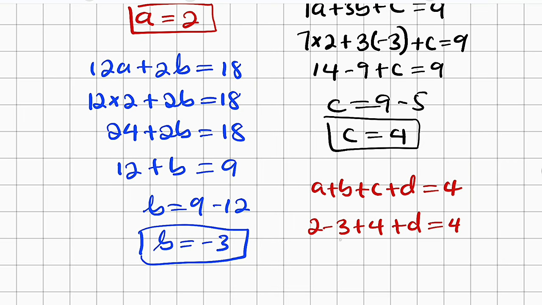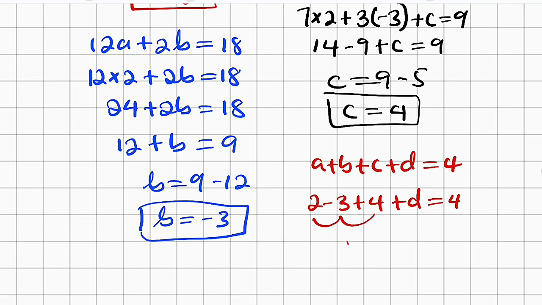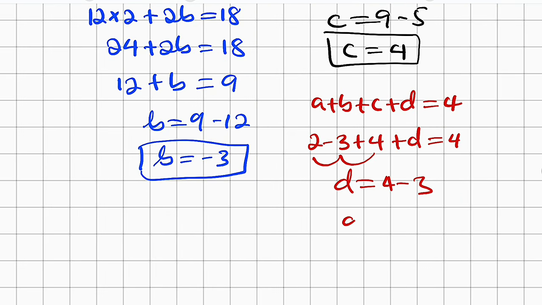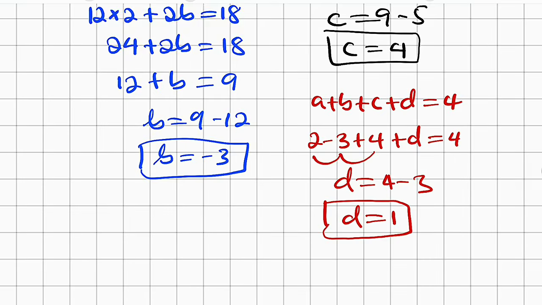Everything equal to 4. 2 minus 3 is minus 1. Minus 1 plus 4 is 3. Then you take that 3 to the other side. You have d equal to 4 minus 3. And d is equal to 1. Now we have a, b, c, and d.